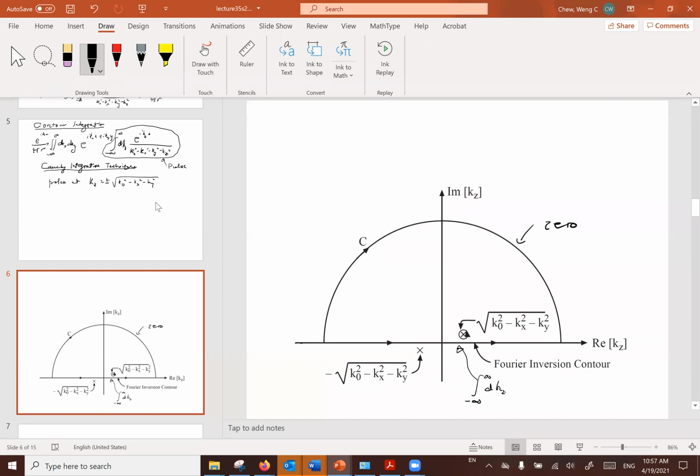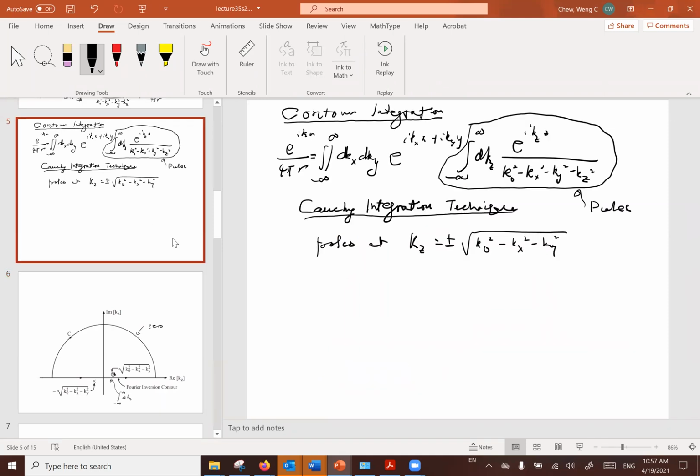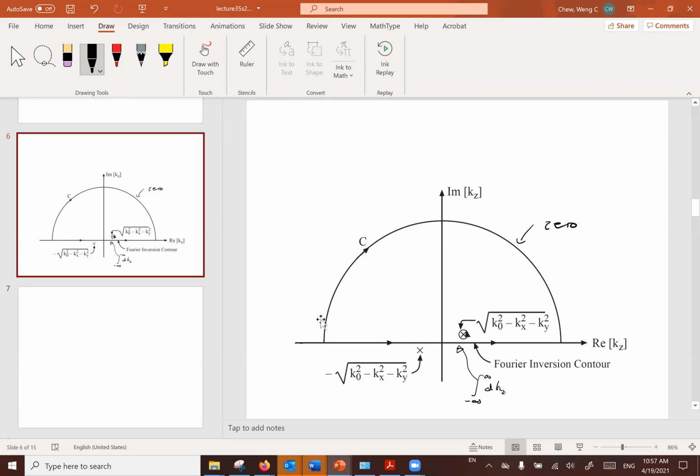I'm not going to go through the proof. You can actually prove it by Jordan's lemma. There's something called Jordan's lemma. If you had a course in complex variables, you might have come across this before. And the integrand goes to 0 sufficiently fast enough that the contribution from this is 0.